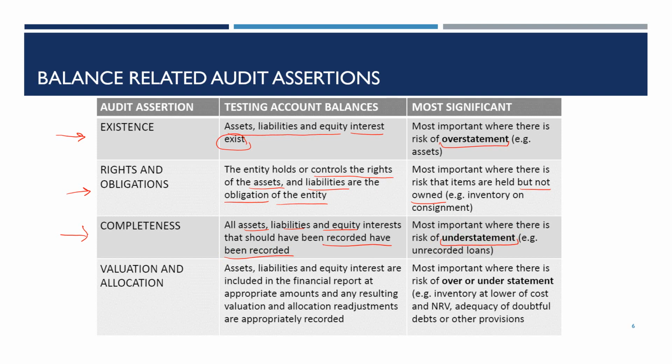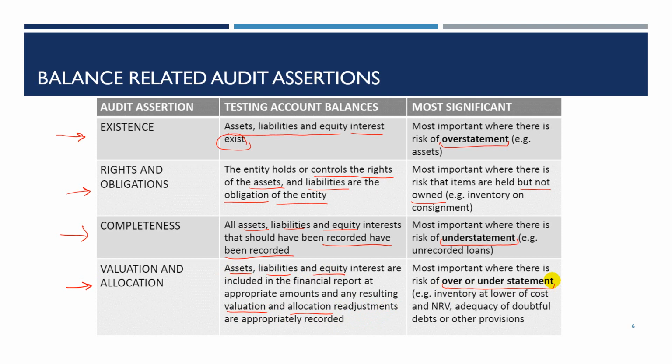When testing for valuation and allocation, the auditor searches for evidence that assets, liabilities, and equity items have been recorded at an appropriate amount and allocated to the correct general ledger accounts. This assertion is important when the auditor believes that there is a risk of over or undervaluation.